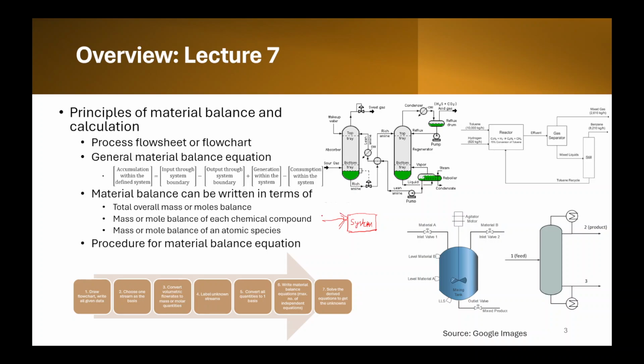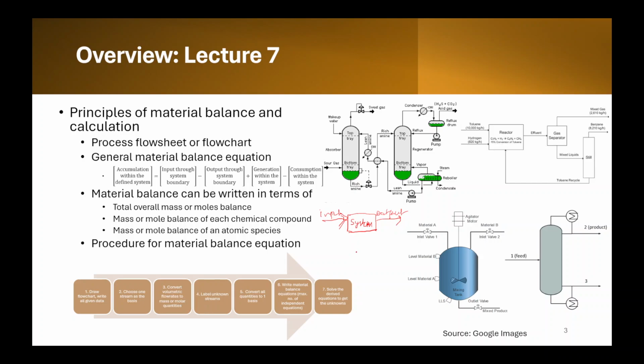This will be the input. This will be the output. These are the streams which are flowing through the system. So this is the input and this is the output.